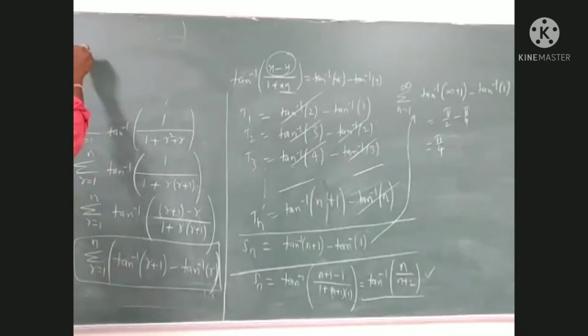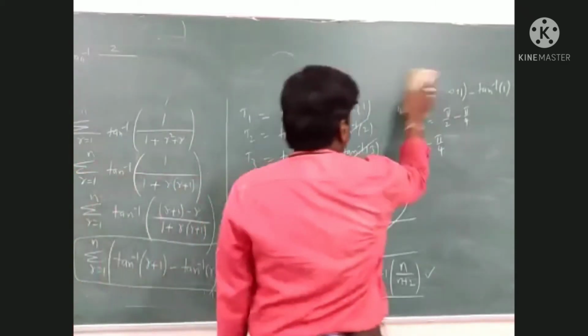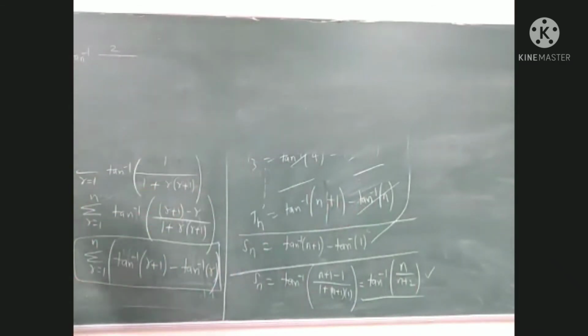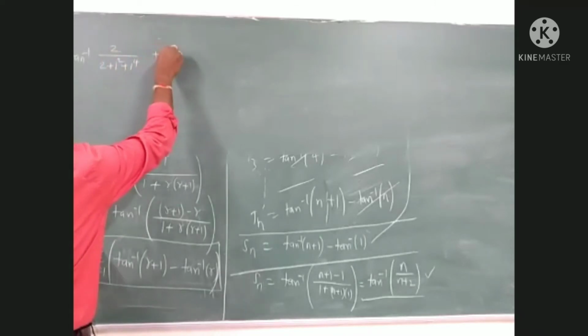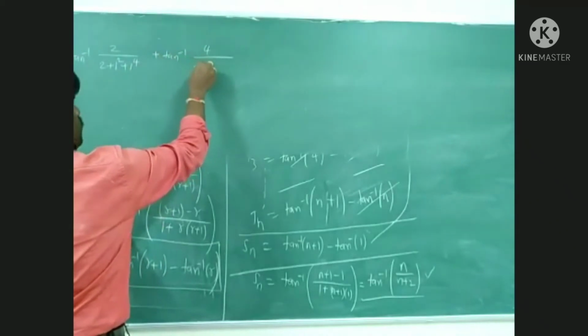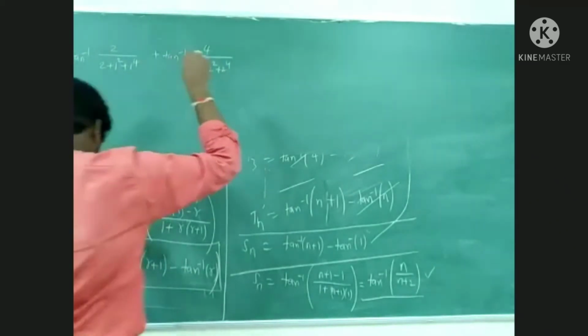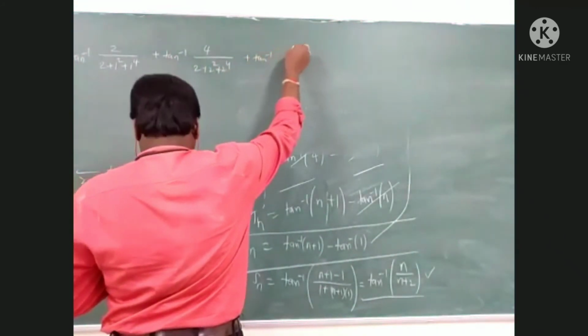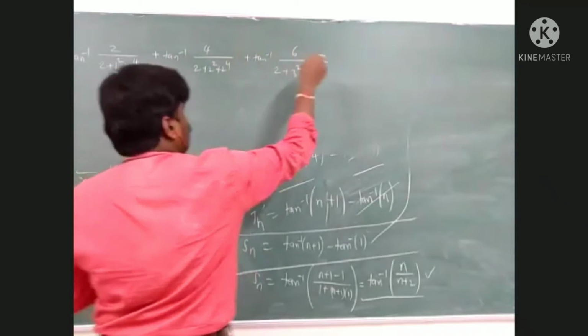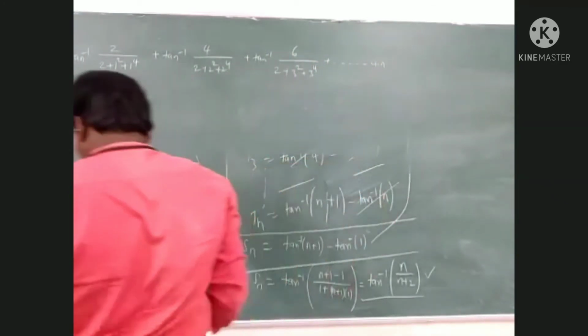tan inverse 2 upon 2 plus 1 square plus 1 power 4, plus tan inverse 4 upon 2 plus 2 square plus 2 power 4, plus tan inverse 6 upon 2 plus 3 square plus 3 power 4, plus so on up to n terms.